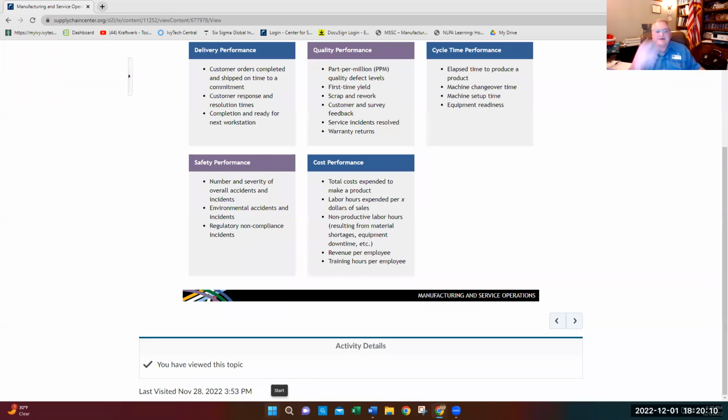And here is the one they always overlook, the last one on here for cost performance: training hours per employee.